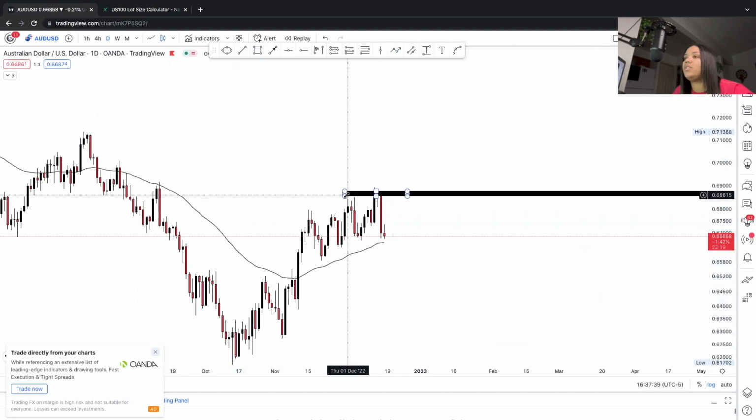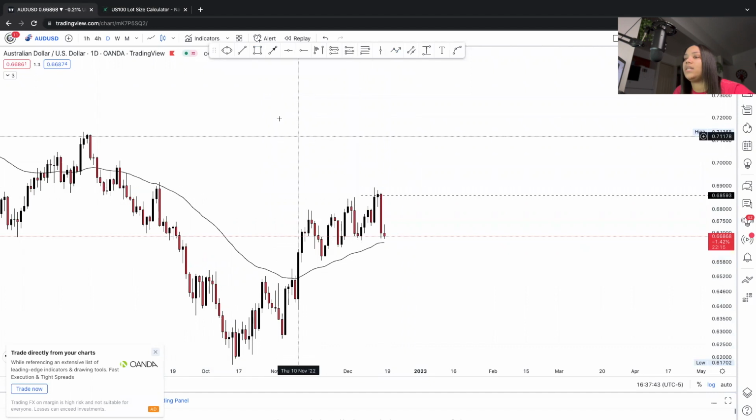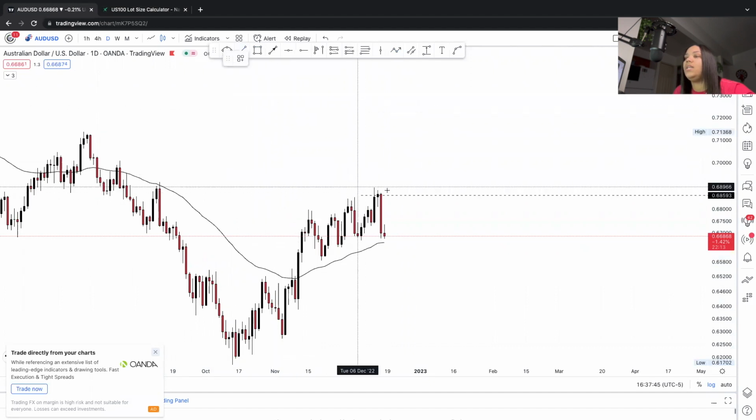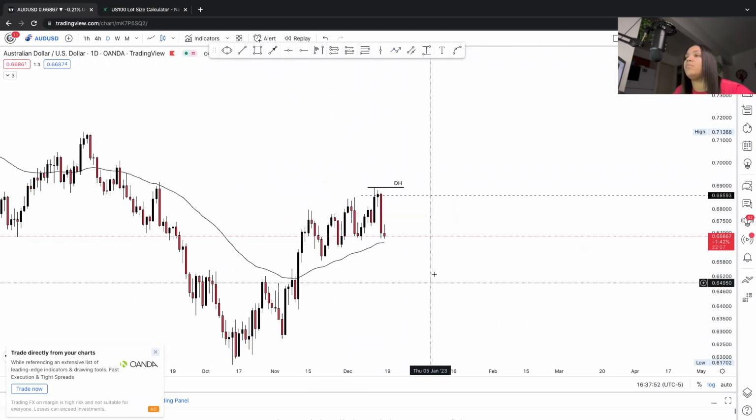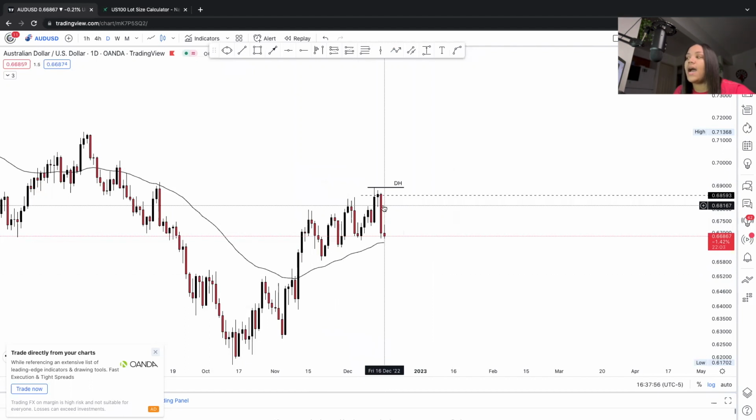This is why I like to mark my highs and lows when it comes to the daily time frame. I used this candlestick as my high. The reason I used it as a high is that this daily candlestick was not higher than the previous one. We're gonna pretend this whole red candle never happened.